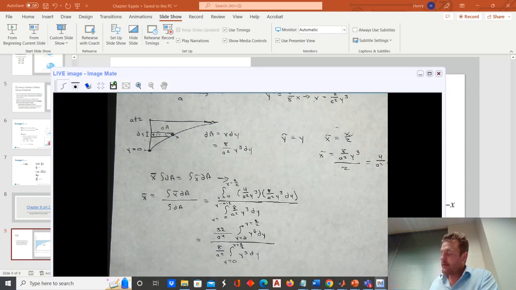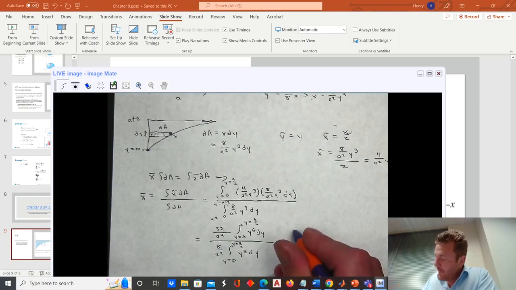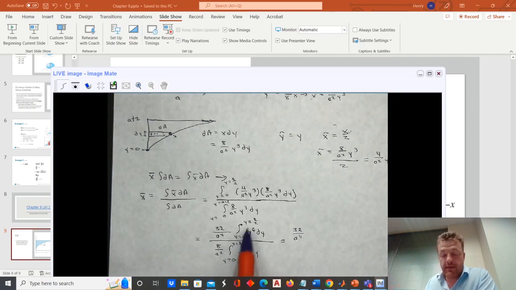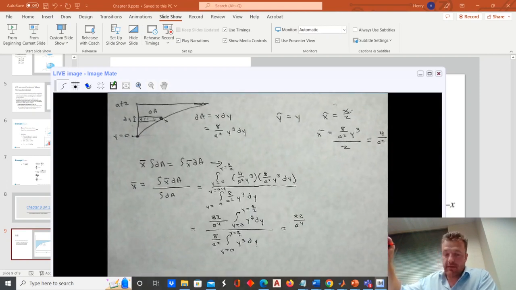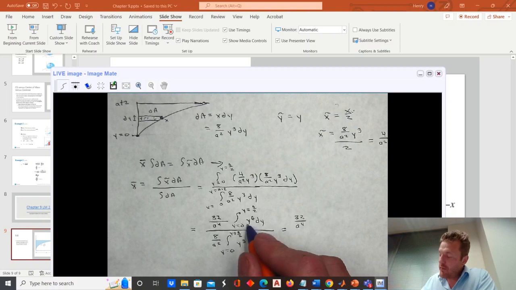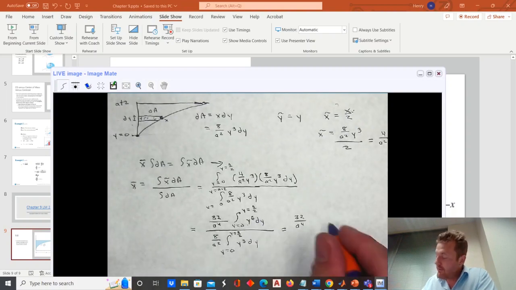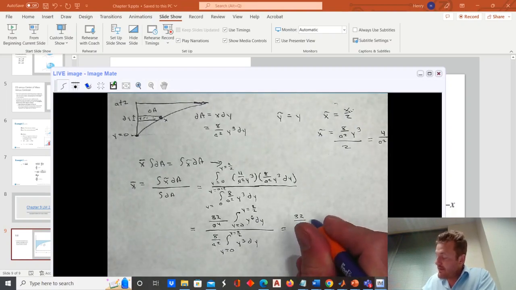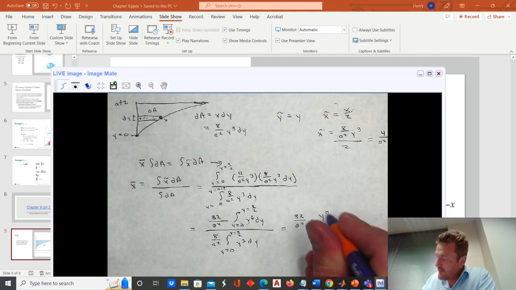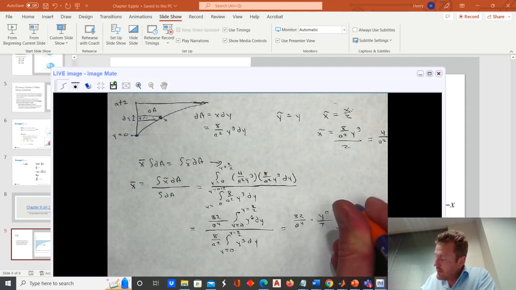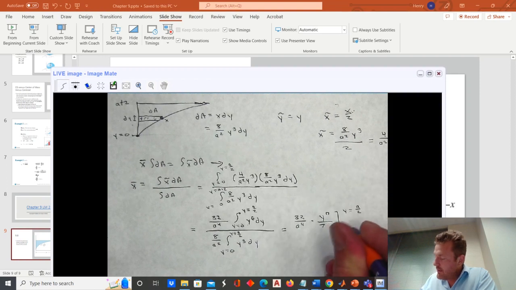So let's actually do these integrals. 32 over a to the 4th. To compute the definite integral, we need to take the antiderivative of what's inside. The antiderivative of y to the 6th is y to the 7th divided by 7. We're going to evaluate that from y equals a over 2 to y equals 0.